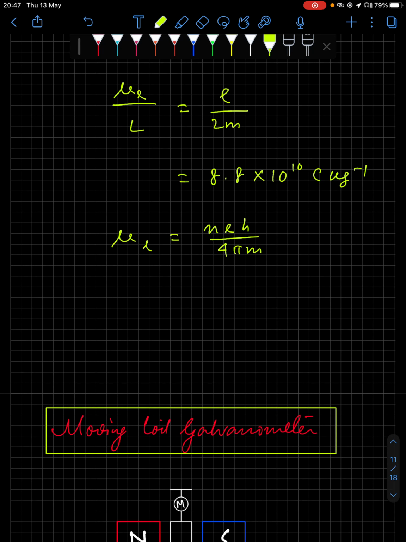Now when n has the minimum value, that is n equal to 1, you call that μL minimum. You call that a constant actually, that you call Bohr magneton. So when you place n equal to 1, you get this relation as eh by 4 pi m, and using the values and doing the calculation, you will get 9.27 into 10 to the power minus 24 ampere meter square.